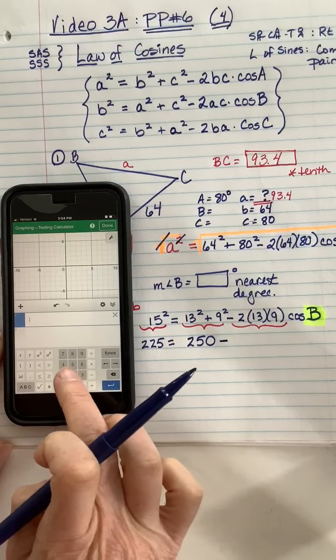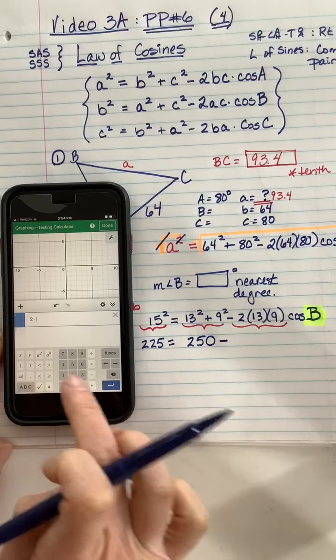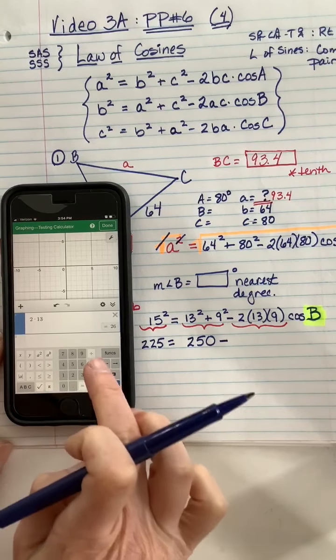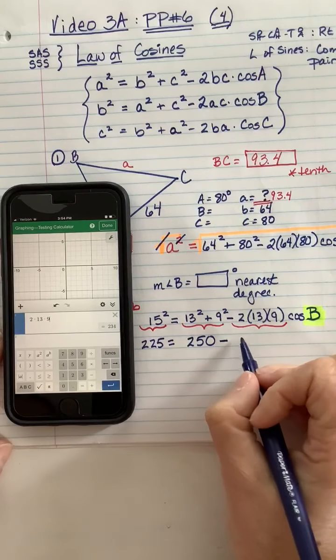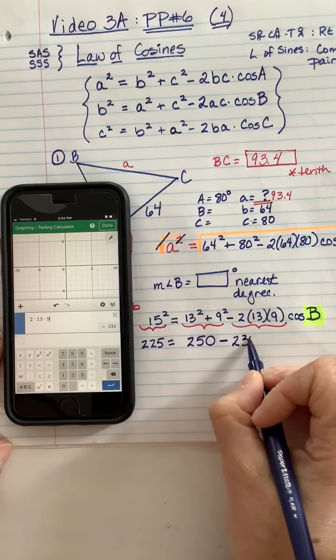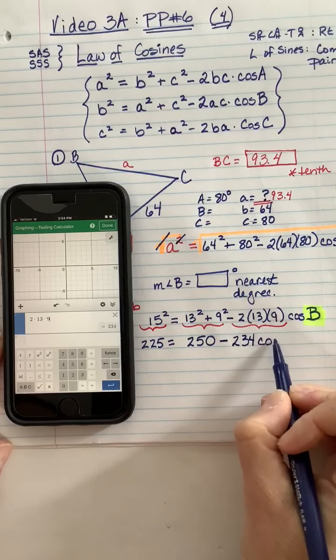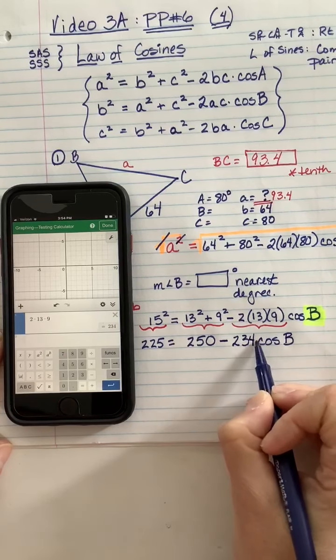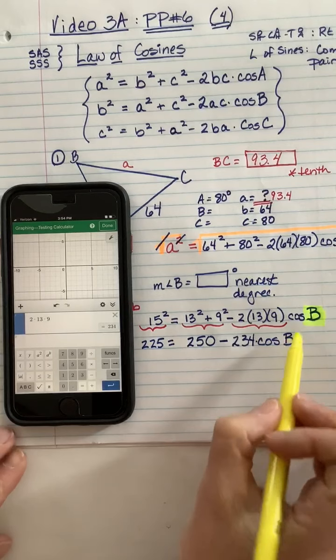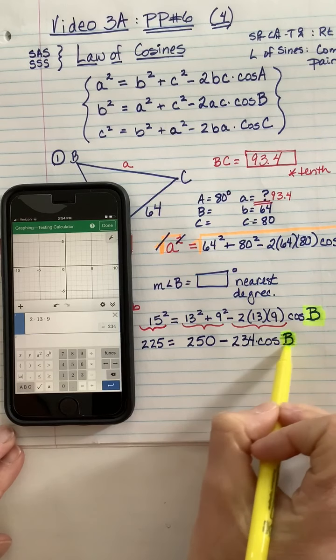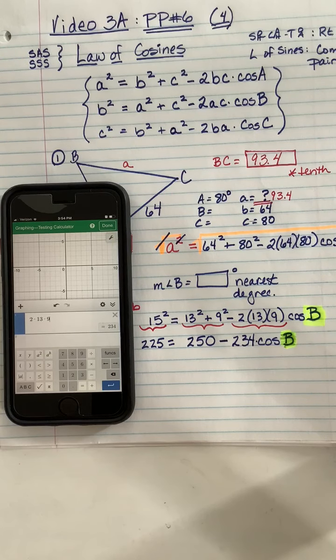I'm not doing this all at once, or my order of operations is gonna get all messed up. 2 times 13 times 9 gives me 234. And now I still have times the cosine of b. And remember, this is the piece we need to isolate.